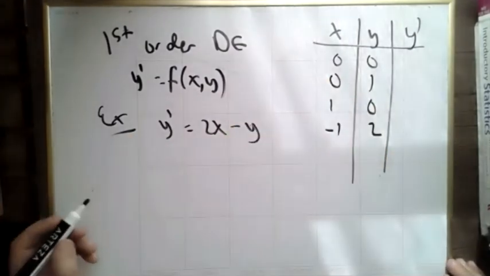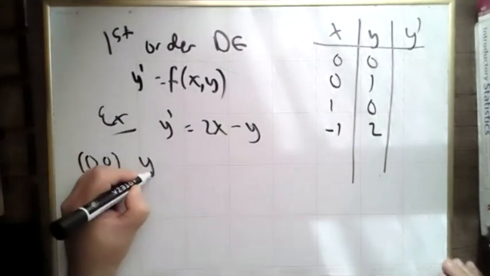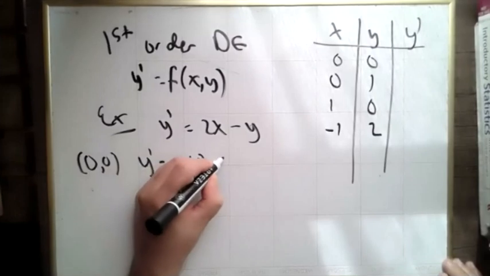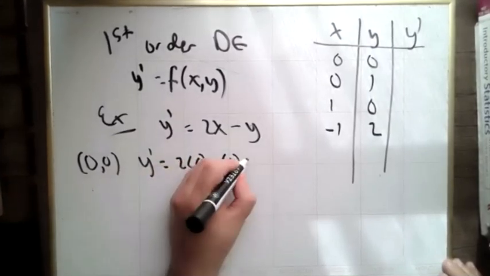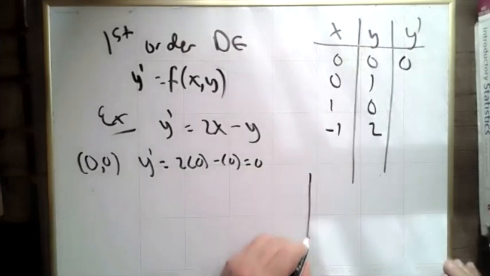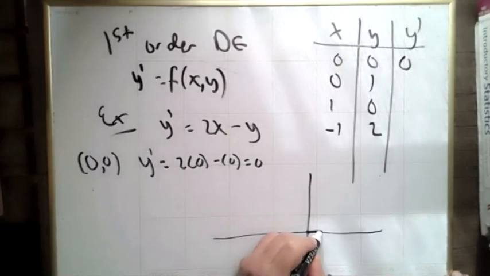I think that would be enough. Okay, so at (0, 0), y prime would be 2 times 0. I'm literally going to write it all out, even though it's obvious. Y prime would be 0. So at the point (0, 0), I'm going to graph a unit vector of slope 0.